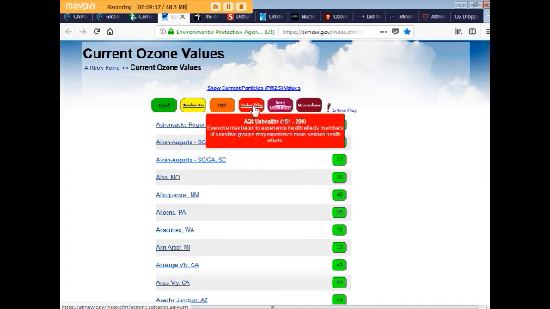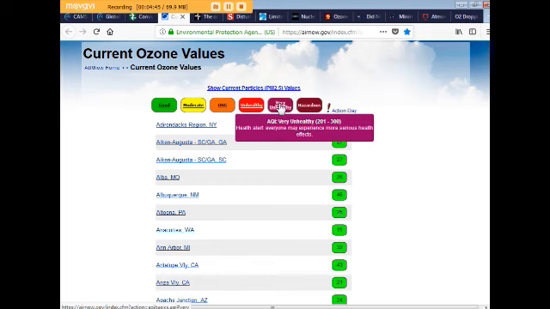Unhealthy for everyone is 151 to 200, that's red. Very unhealthy is purple, that's 201 to 300, and that's for everyone again. And hazardous is an emergency condition, that's 301 to 500.